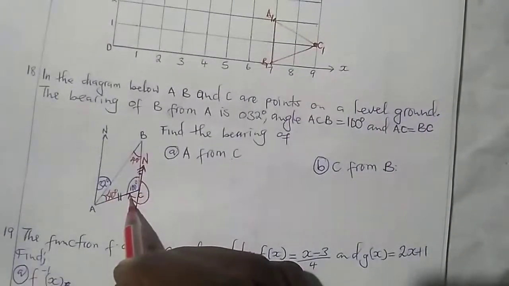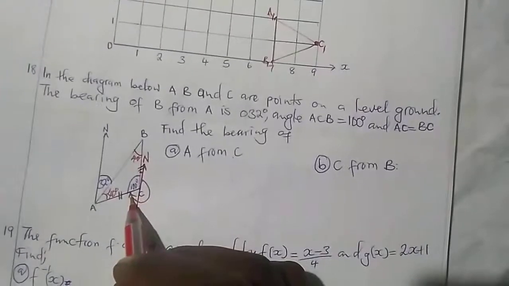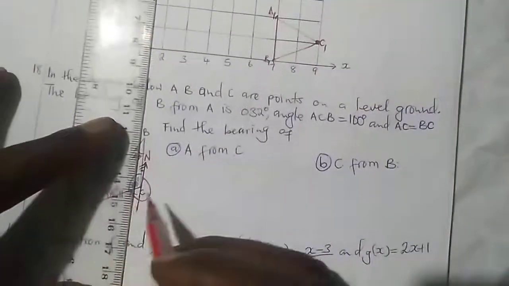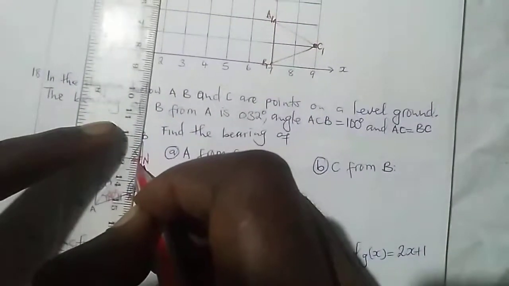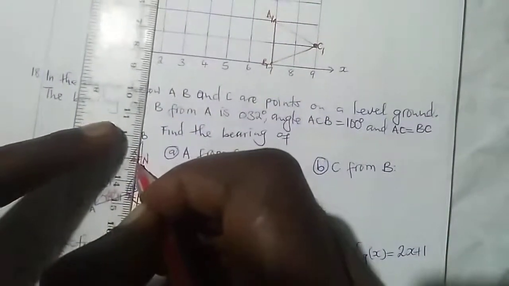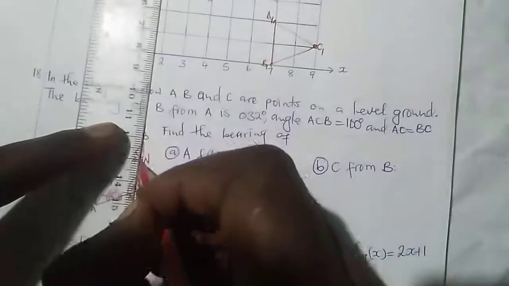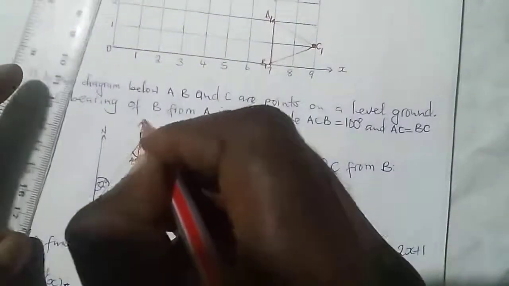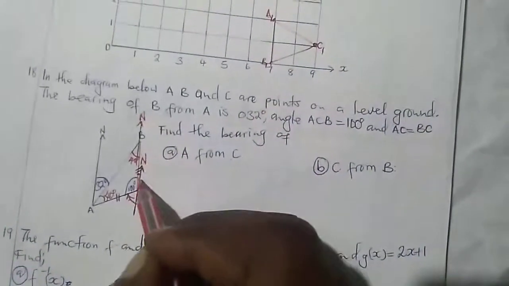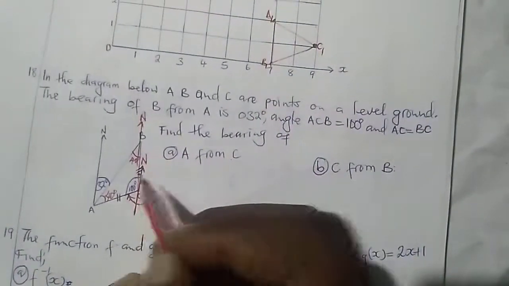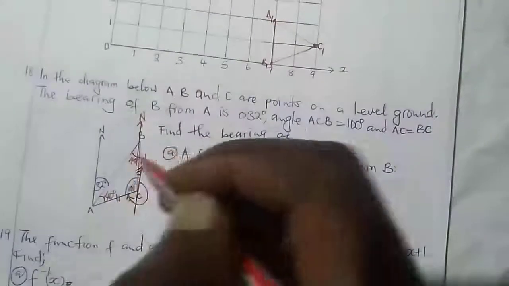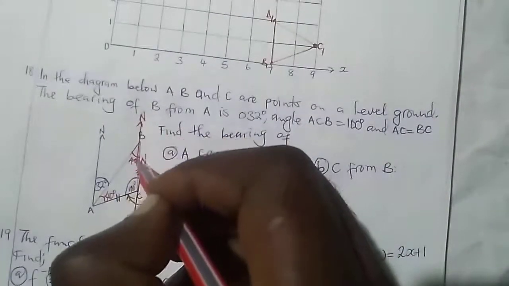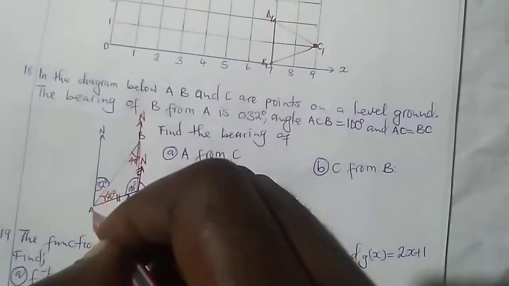So what we can also do is draw the imaginary north line on point B. We draw the line in advance because this will help us to find the value of this angle and this angle. The value of this angle is 40. This is the imaginary line north, and this is also the imaginary line north.